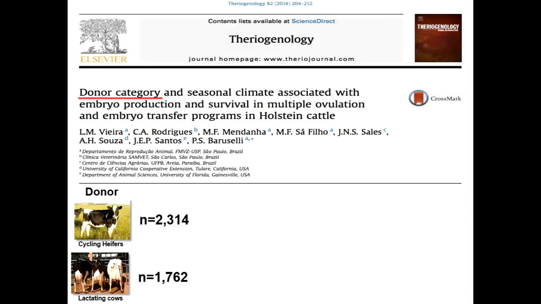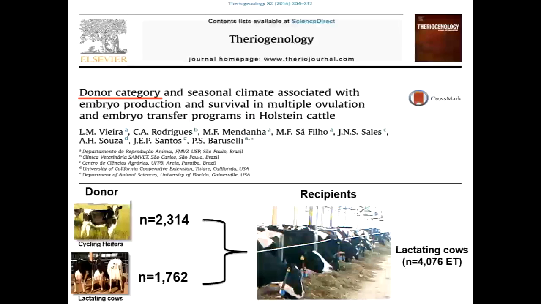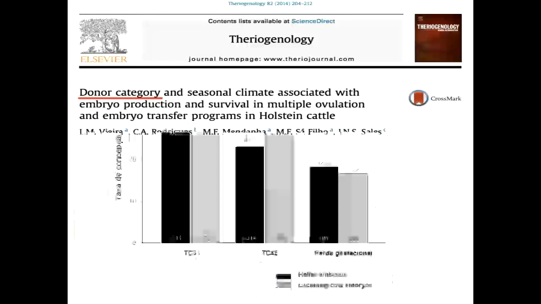We analyzed 2,300 embryos from heifers and 1,007 embryos from lactating cows, all transferred into recipients, but all the recipients were in the same herds, and all the recipients were lactating cows. So 4,000 embryo recipients received these embryos from donors that were either heifers or lactating cows.